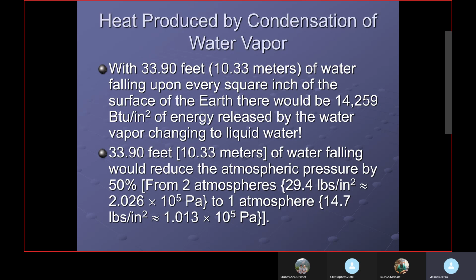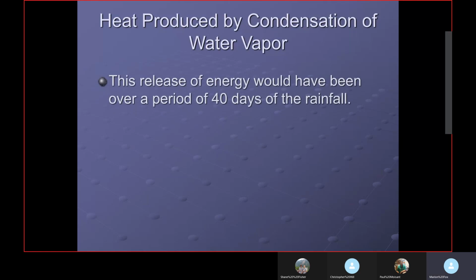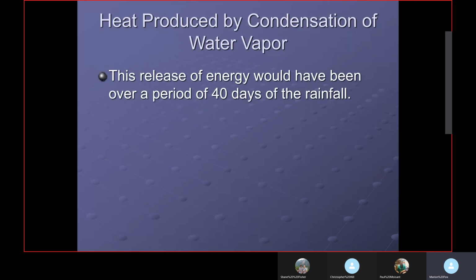Pascal is a metric unit. This release of energy would have been over a period of 40 days of the rainfall.